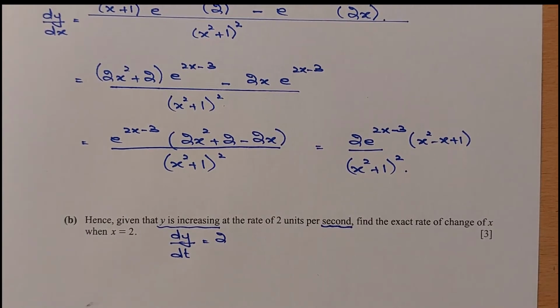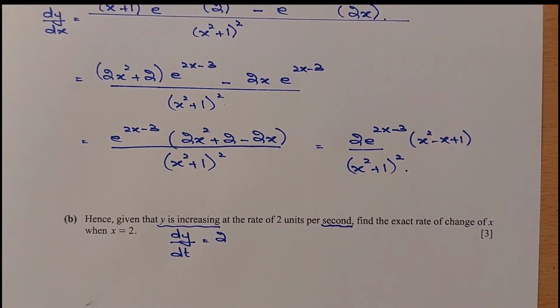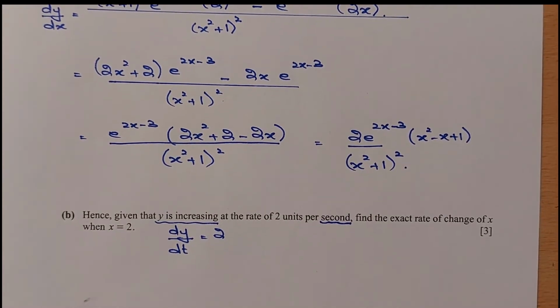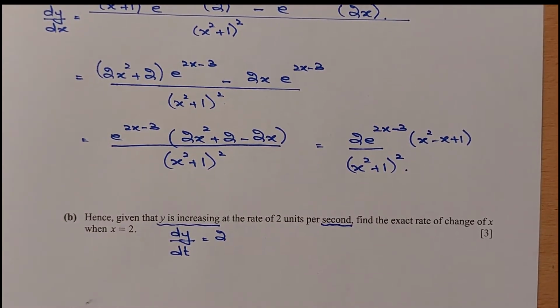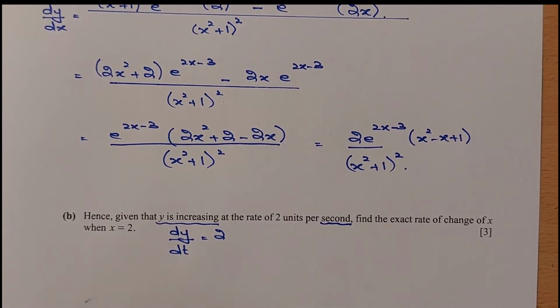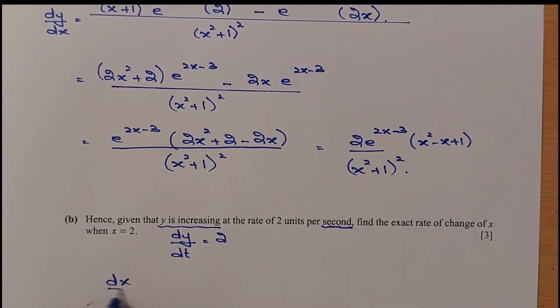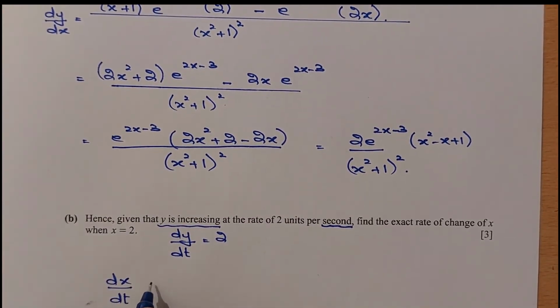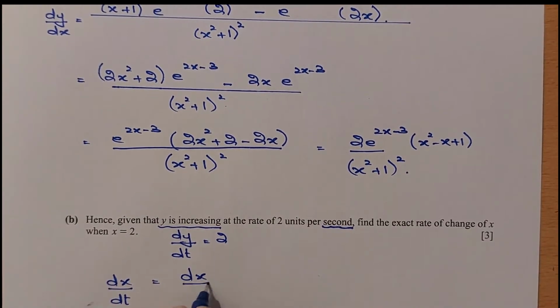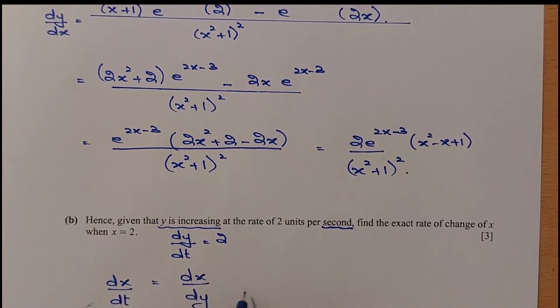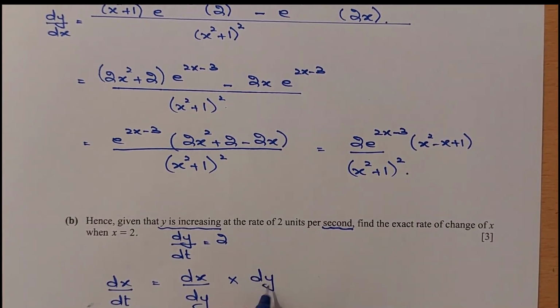Find the exact rate of change of x when x is equal to 2. Rate of change of x means dx/dt. We need to find dx/dt, which equals dx/dy times dy/dt, right?